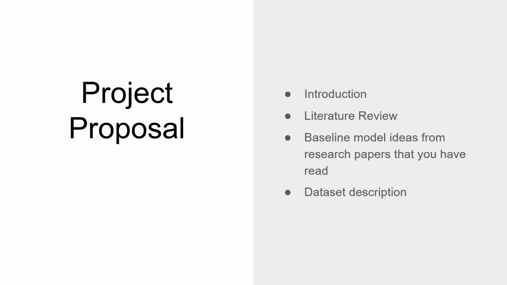Then we expect you to do some literature review where you try to read around the topic and find works that are similar to what you're trying to implement, and develop a baseline model or ideas from these research papers that you've read. Then we also expect you to select a dataset.